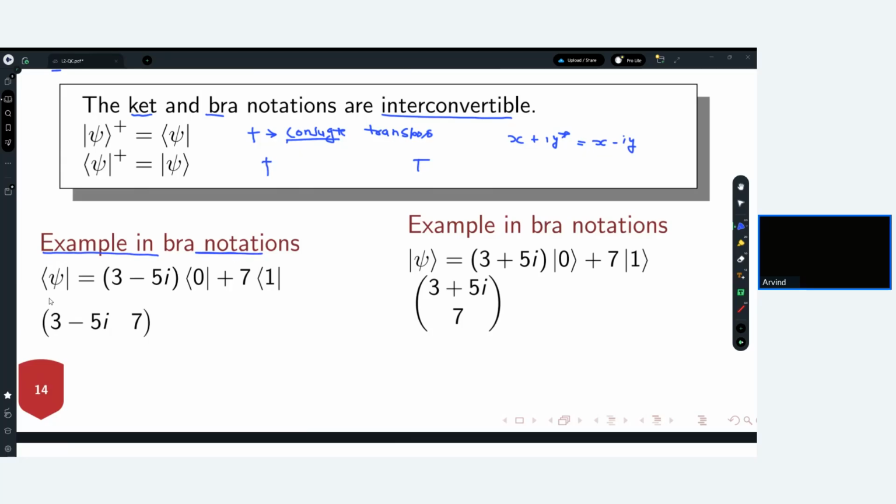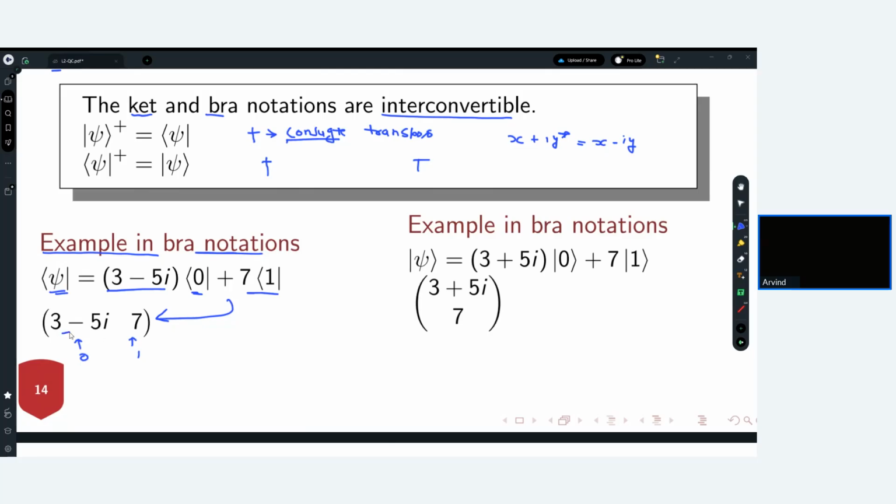So here bra psi consists of 3 minus 5i times bra 0 plus 7 times bra 1. Its equivalent row vector representation consists of 3 minus 5i at the 0th position and 7 at the 1st position. Now, if we want to represent it in the Ket notation, we need to take the complex conjugate transpose of this row vector.